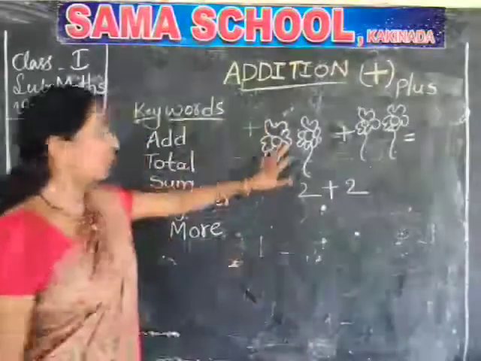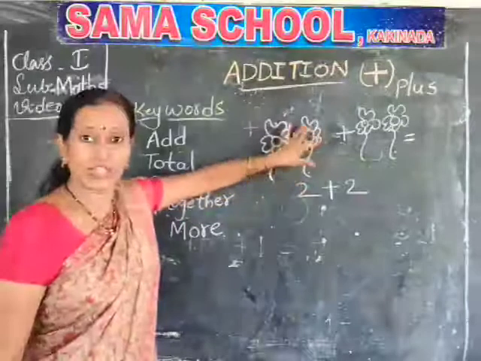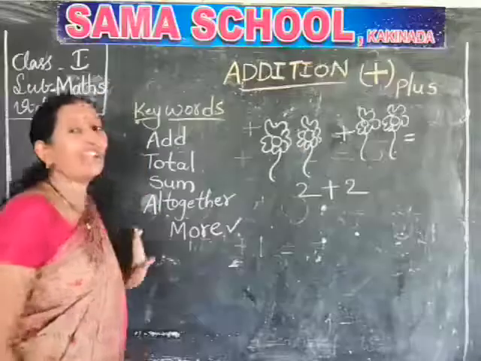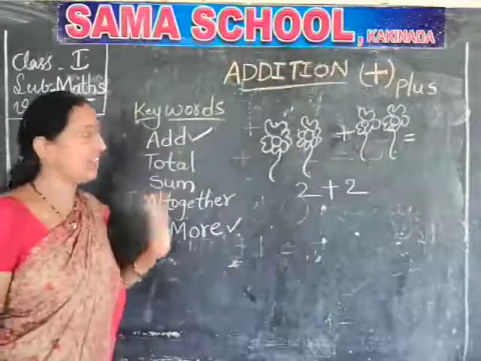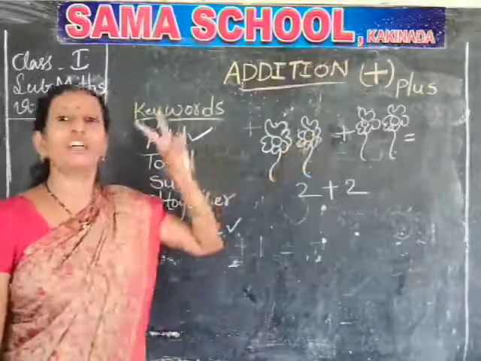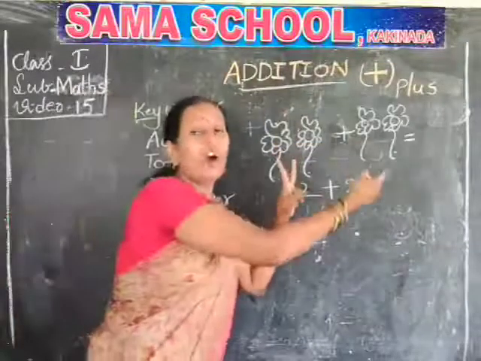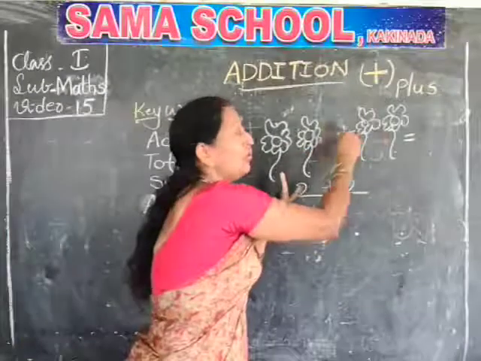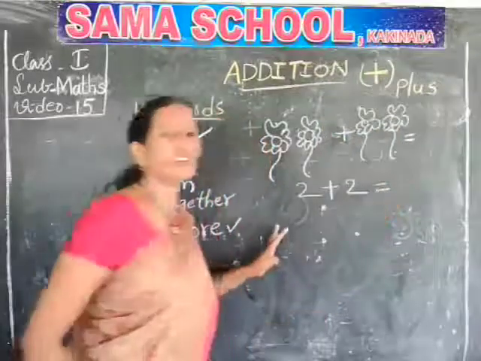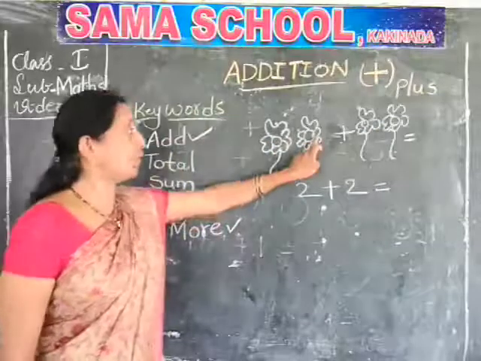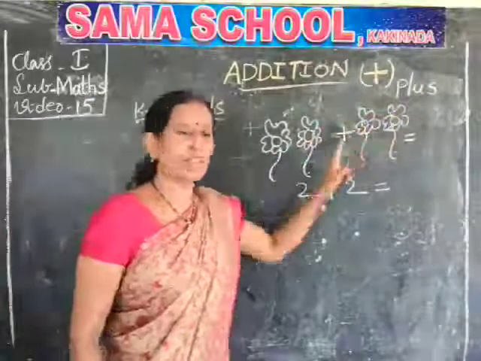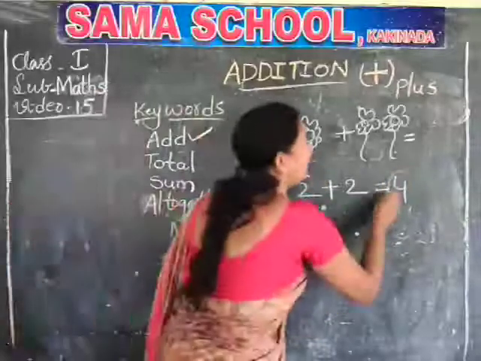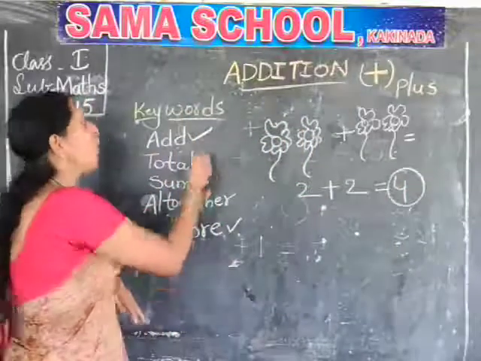Here we have 1, 2 and 2 more, you add 2 more. Here 2 flowers are there. Again how many are you adding? 2 more. So 1, 2, 3, 4. 2 plus 2 is 4. So here what? The sum or total.